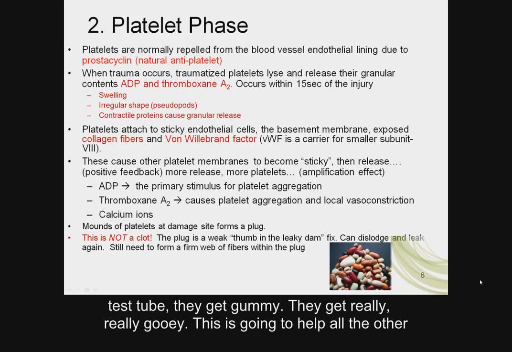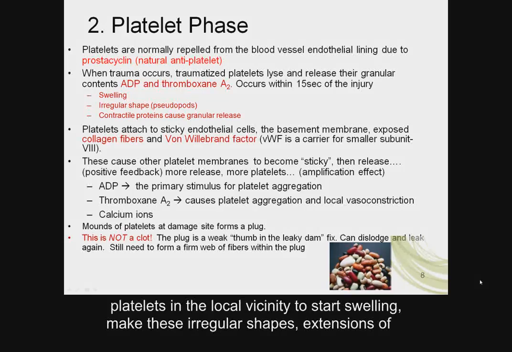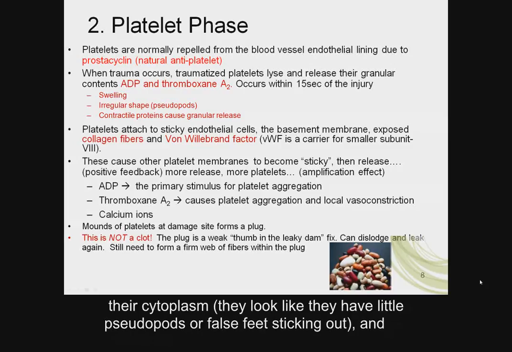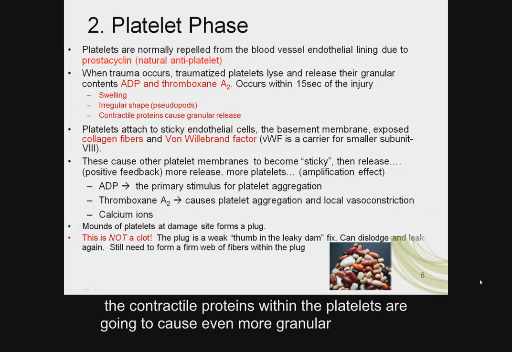This is going to help all the other platelets in the local vicinity to start swelling, make these irregular shapes, extensions of their cytoplasm. They look like they have little pseudopods or false feet sticking out. And the contractile proteins within the platelets are going to even cause more granular release. So you should be hearing positive feedback.